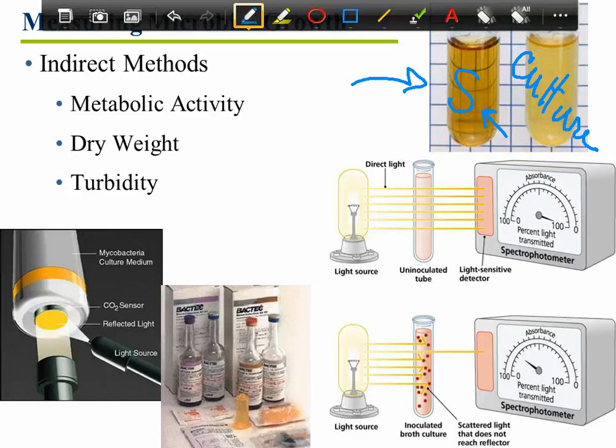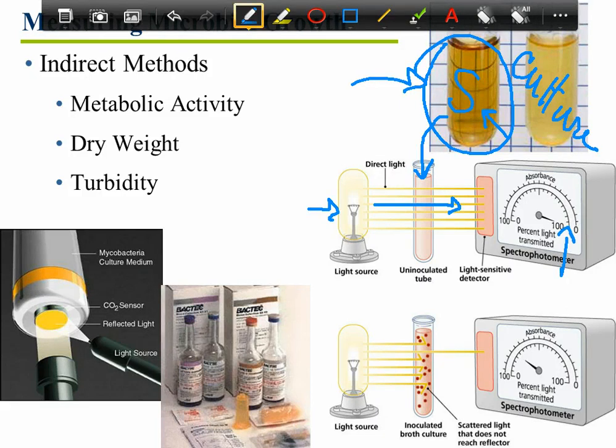Now, this can be useful if you put the cultures, the specimens, into a spectrophotometer. Spectrophotometer has a lamp in it. The light rays go through the solution. So if you put this tube right over here, and there's no growth in there, it's a sterile tube of broth, you get 100% transmission of light.